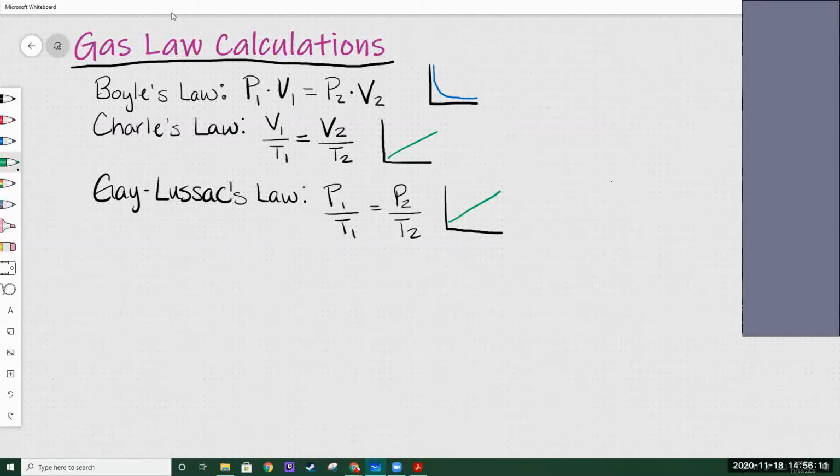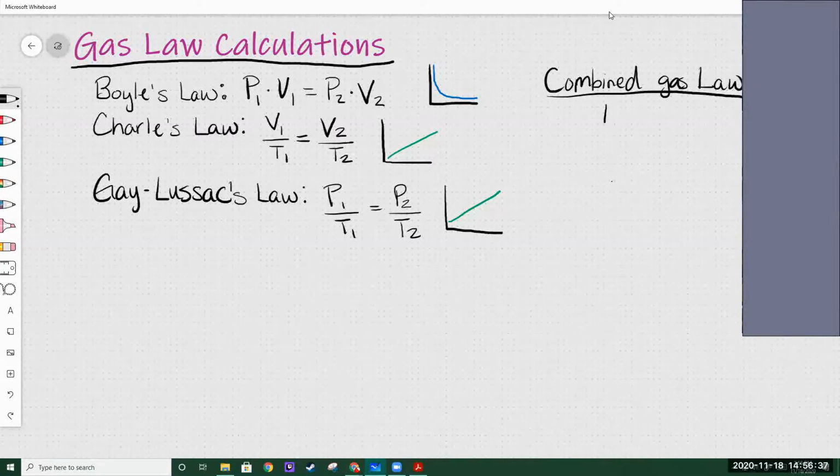Now these are all fine and dandy. But the real one that we really love and adore is the combined gas law, which combines all of these together. That's why it's called that.